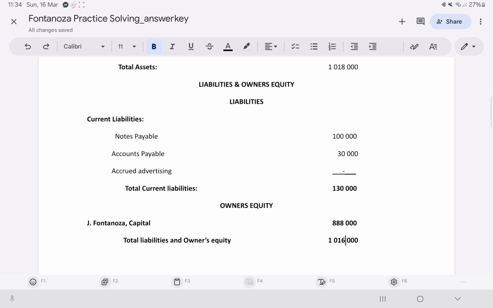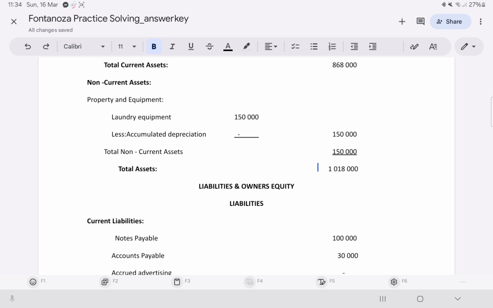So our total is 1,018,000. Let's check if our amount in total assets is the same or balanced with total liabilities and owner's equity. Okay, that's great.